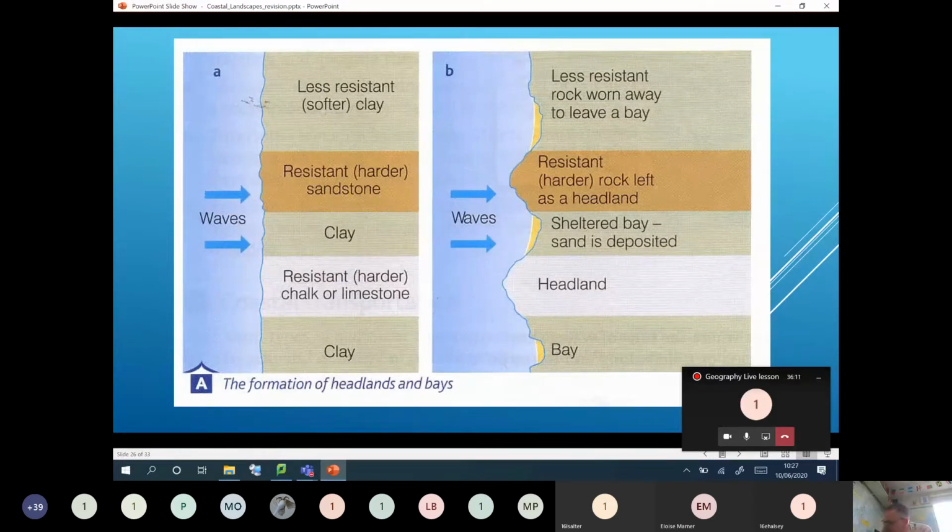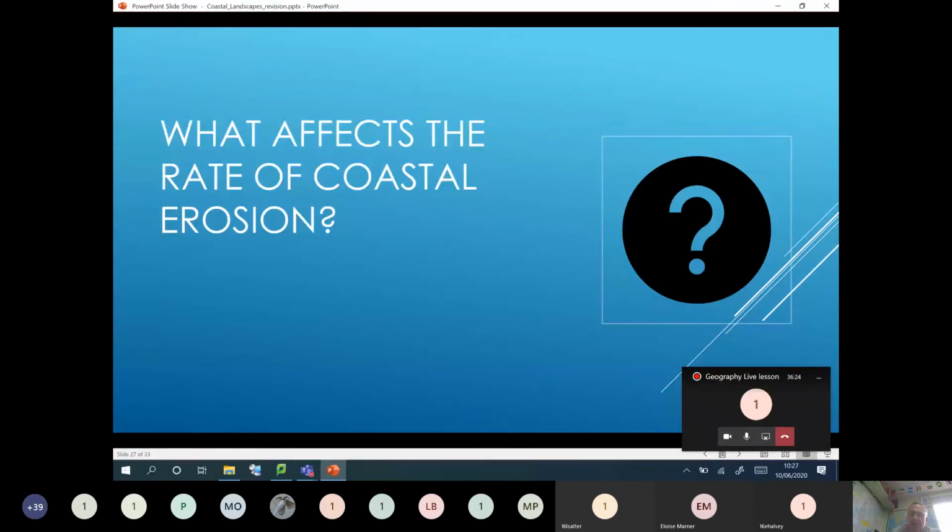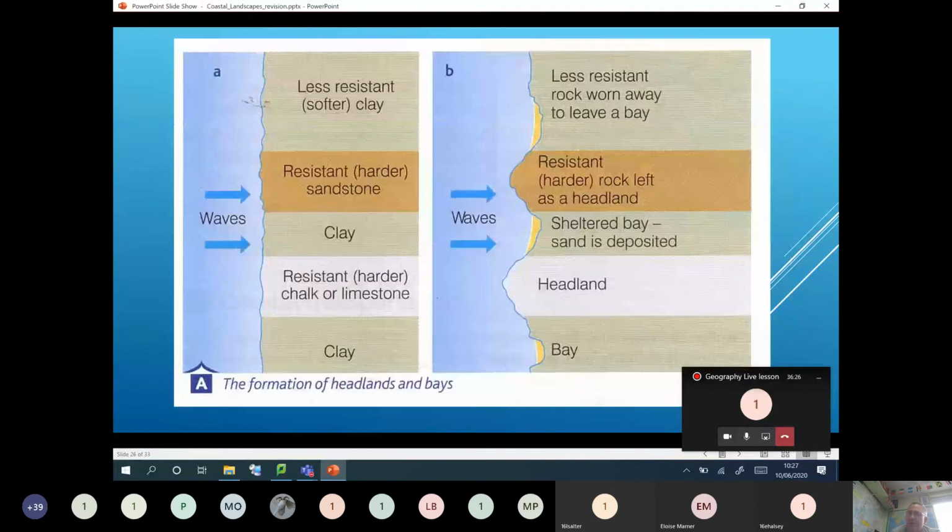What I want to ask you about now, you'll see there's a small box underneath, and the question in there is, what affects the rate of coastal erosion? So you've got the question now. I'm going to leave that on there just so those people who might still be jotting some things down.